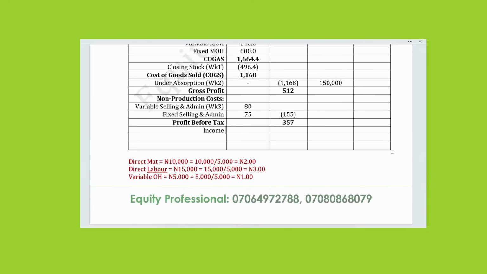Income tax at 40%. So I will just say profit before tax multiplied by 40%. Festus, give it to me. What's 40% of 357? 142.8.